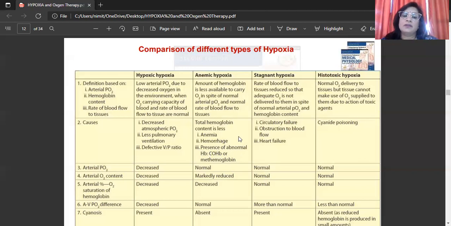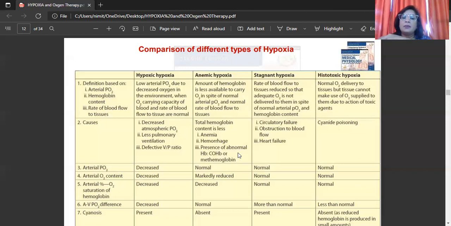All these conditions will cause anemic hypoxia. So anemia, hemorrhage, or the presence of abnormal hemoglobin will cause anemic hypoxia.